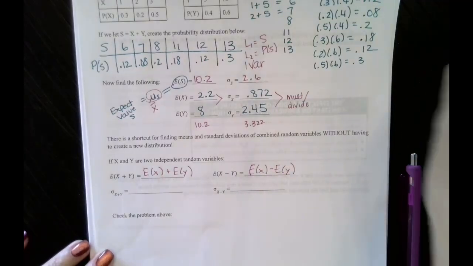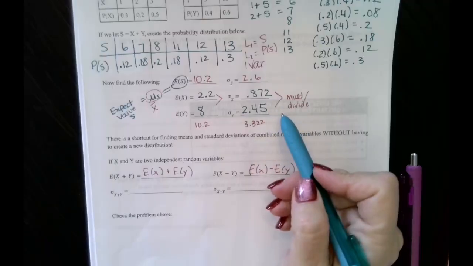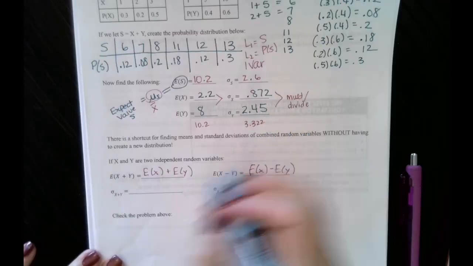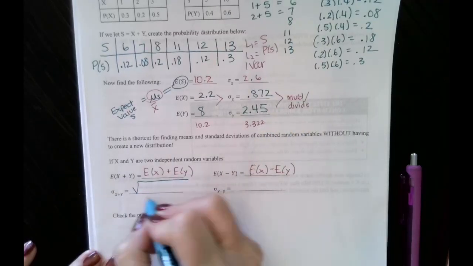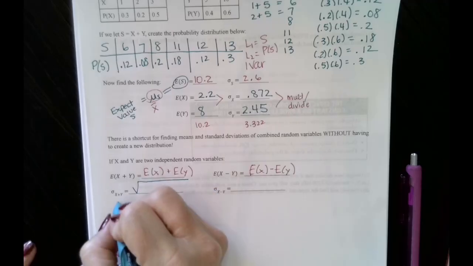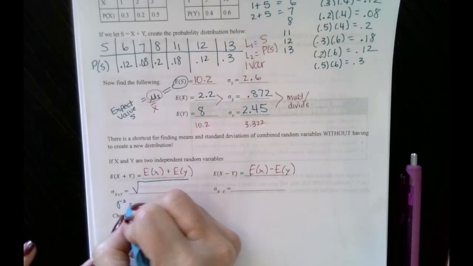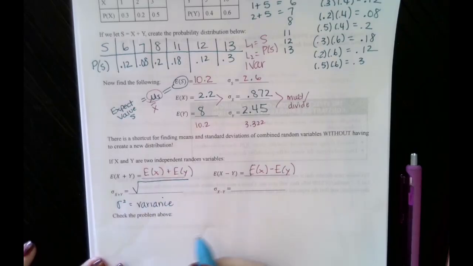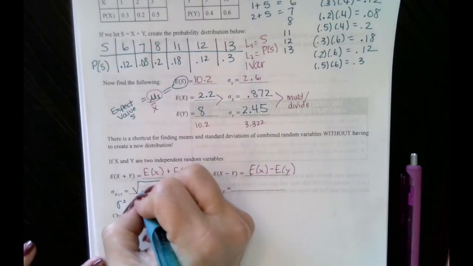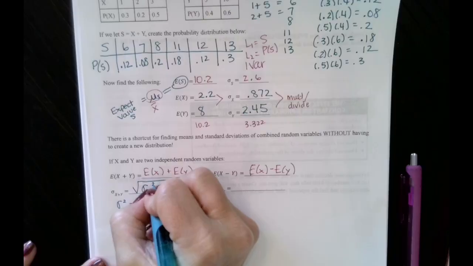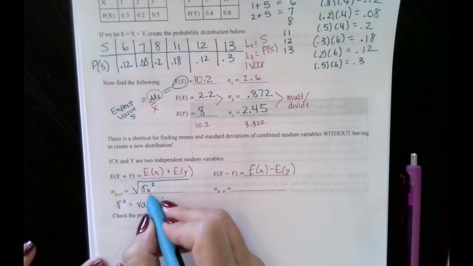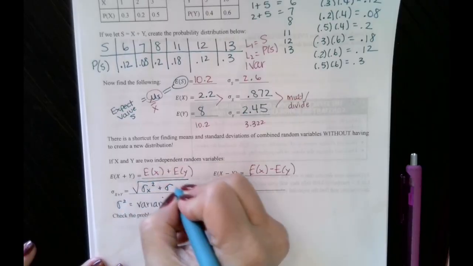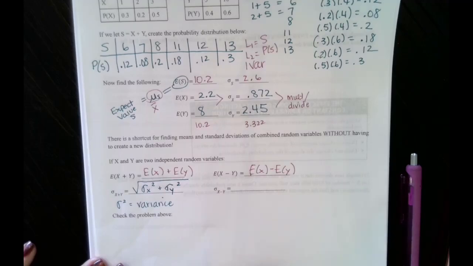Now, what we see, though, is that it's not the same with our standard deviation. If I look at this as S squared, remember this is our variance. We're going to say the standard deviation of X squared, so the variance, plus the standard deviation of Y squared.